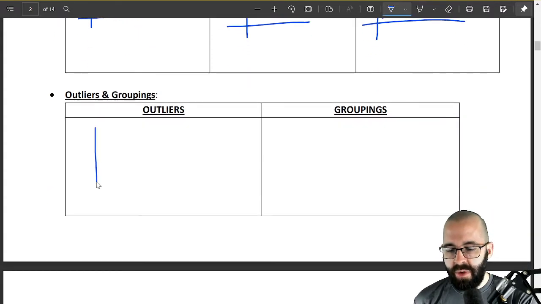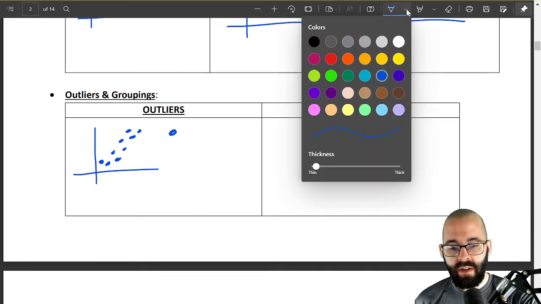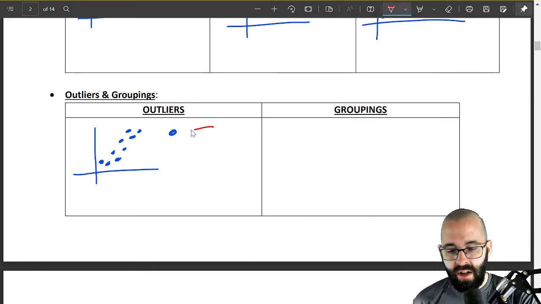Outliers, we've talked about those before. Maybe we have a strong positive correlation, but then we have one data point way over here. It's an outlier. In general, outliers are like 2 standard deviations outside of the regression line. The book has much more formal definitions about that.